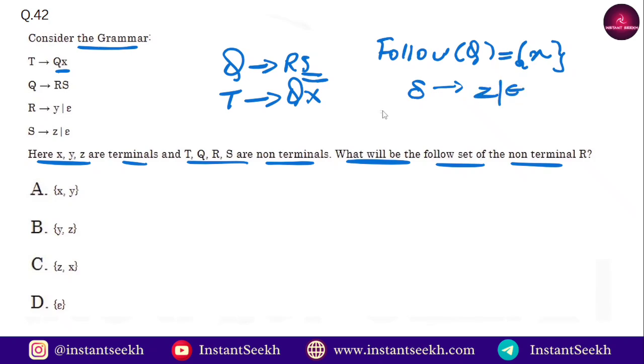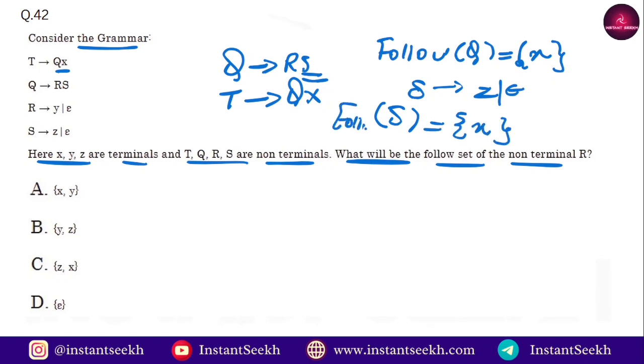We consider S in Q. To create the follow of S, the symbols that can follow S include the follow of Q, which is X from T. So follow of S is the same as follow of Q, that is X.